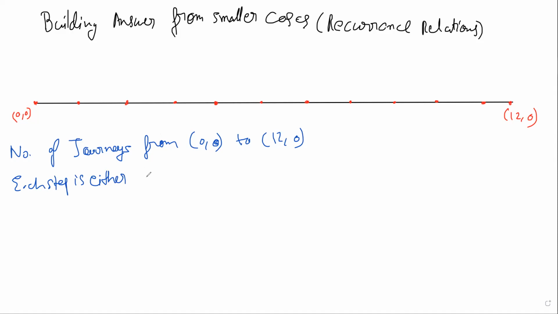Or you can take a grasshopper jumping with either 2 or 1 jump. Each step either covers 2 intervals or 1 interval. How many journeys?